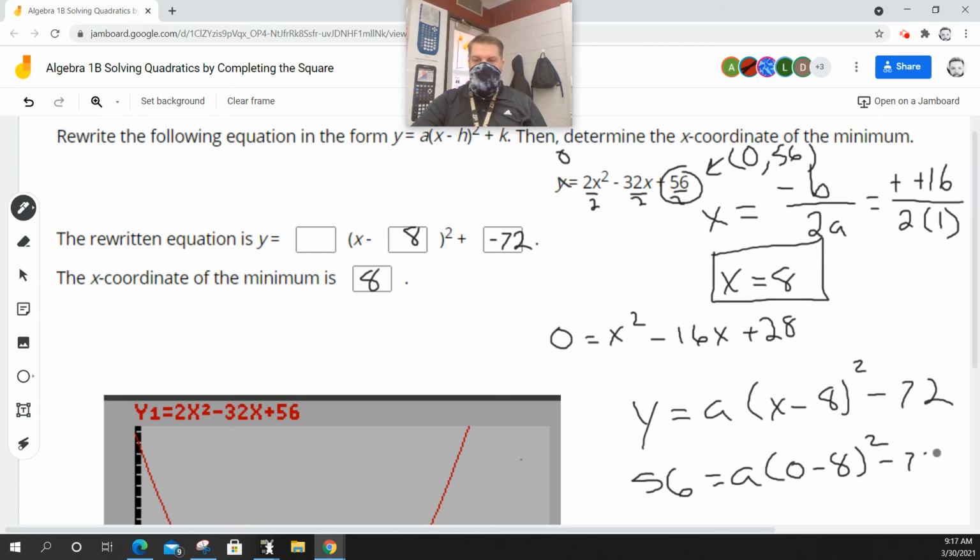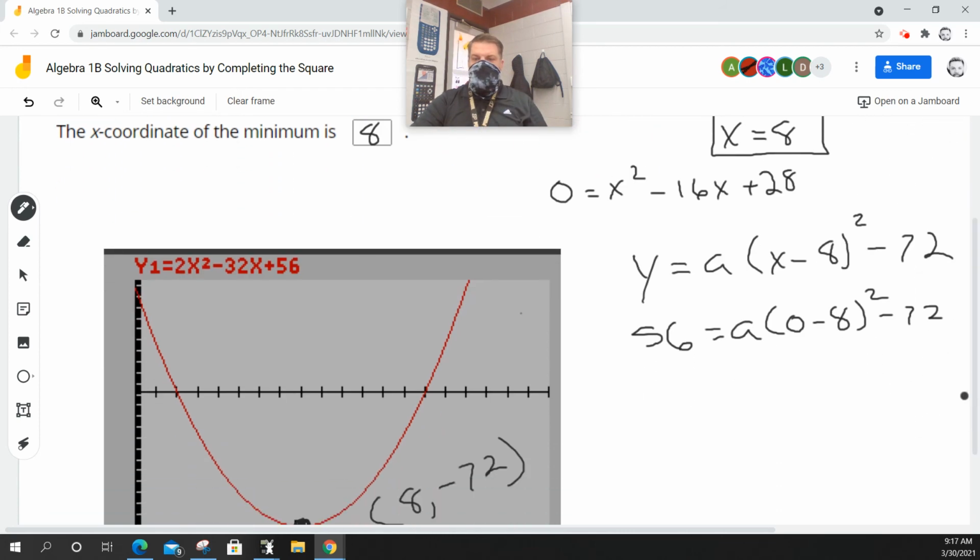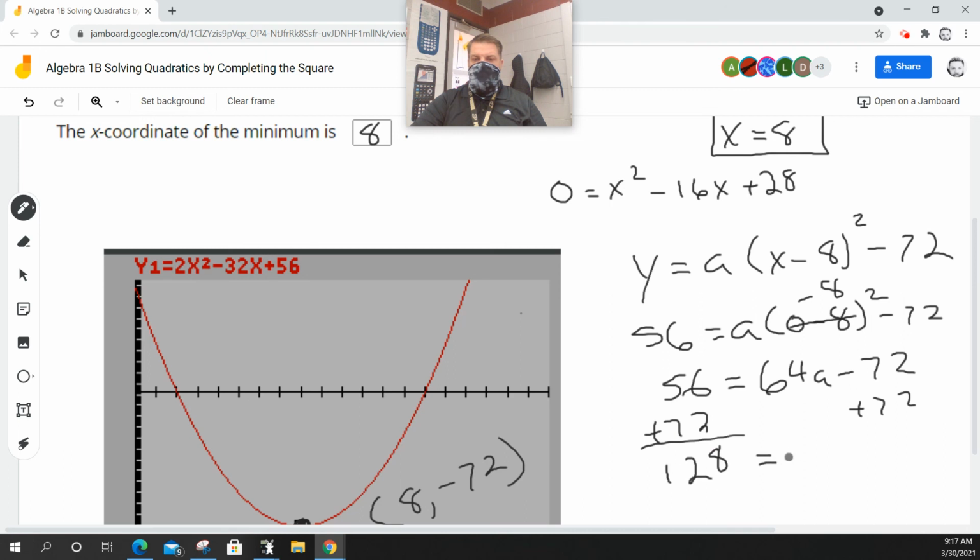So this ought to be fun. First thing I'm going to do, 0 minus 8 is negative 8. Negative 8 squared is 64. So we've got 64A minus 72 is equal to 56. Then I'm going to add 72 to both sides, and I get 128 is equal to 64A.